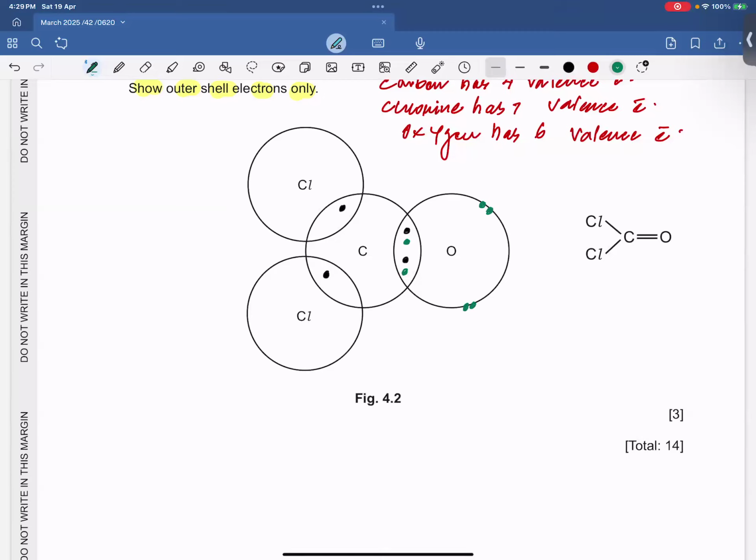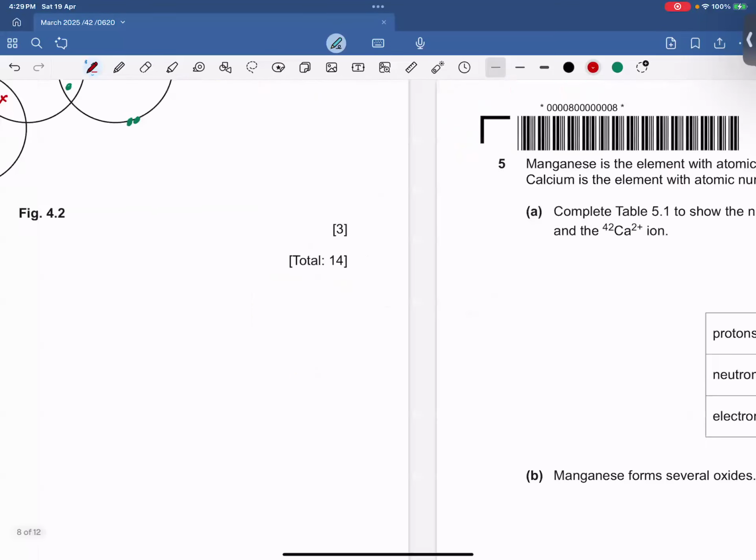Now chlorine has 7 valence electrons: 1, 2, 3, 4, 5, 6, 7. Same here: 1, 2, 3, 4, 5, 6, and this one is 7. Okay, so that's the end of this question. Let's move on to the next one.